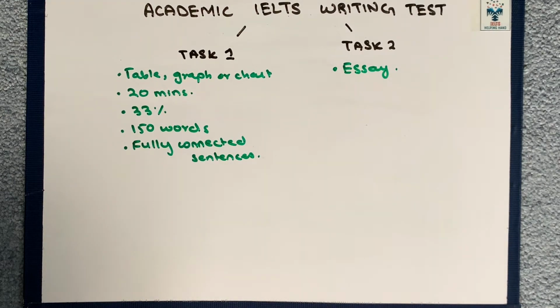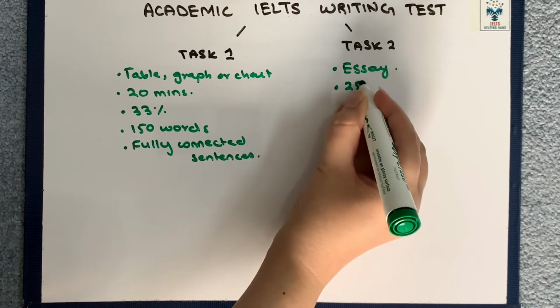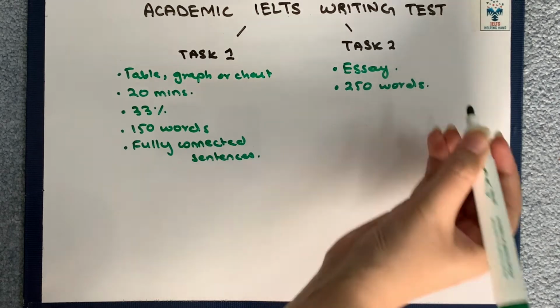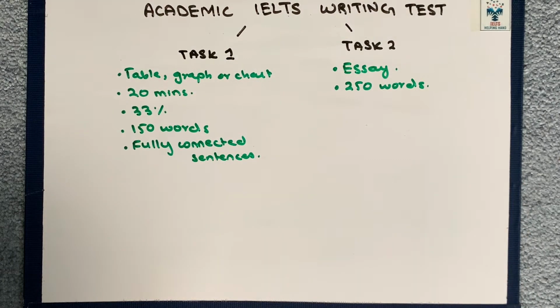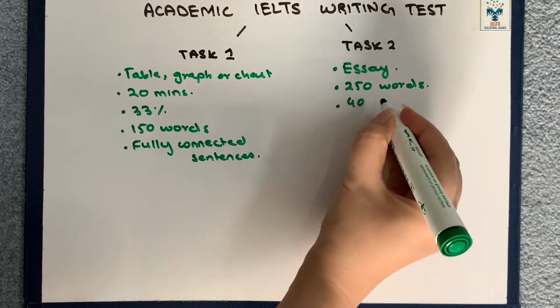You have to write minimum 250 words, otherwise you will lose marks. There is no limit for maximum words. Test takers should spend no more than 40 minutes on this task.